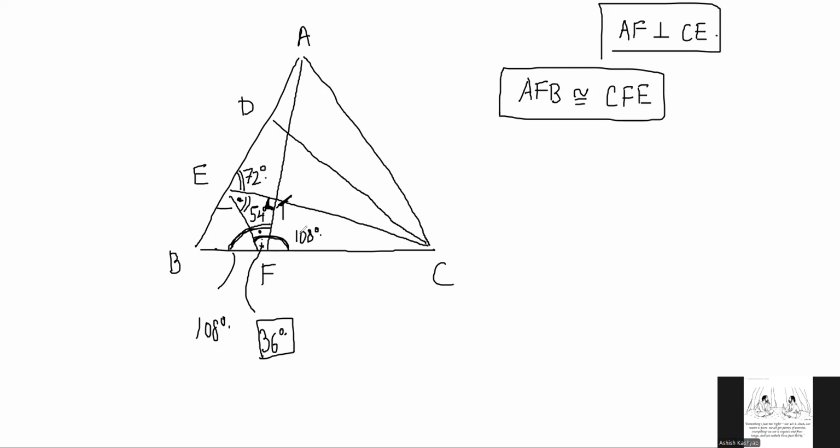Also, angle AFB is 108, EVF is 54, so angle EAT is 18. So in triangle ETA, 72 plus 18, then ETA is 90. There are many ways. The point is angle chasing is giving us the proof.